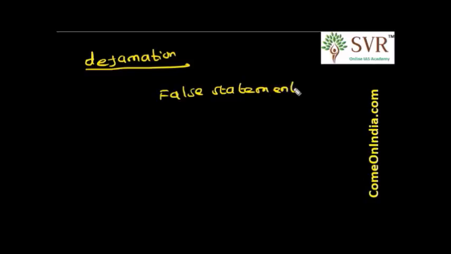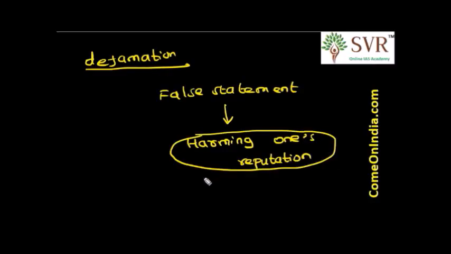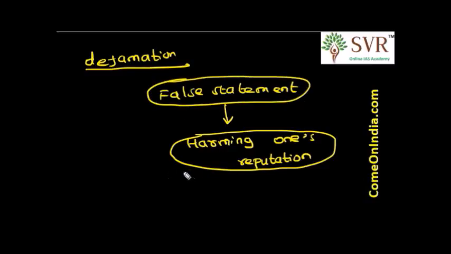First, let's discuss what is defamation. Defamation means harming someone's reputation by making a false and derogatory statement against him without any lawful justification. It means simply making a false and derogatory statement against a person who has a good reputation in society, then his reputation is affected because of such false statement.